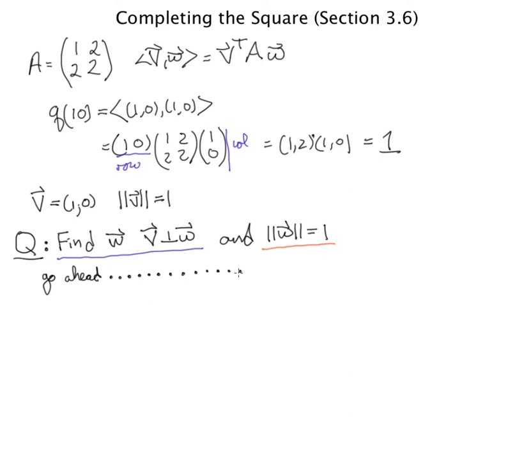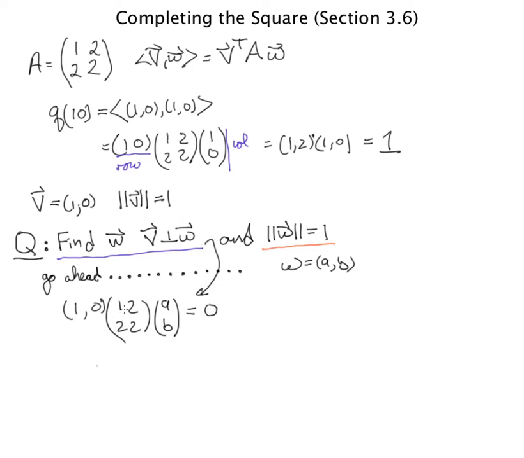Let's see. I'm trying to find a vector. Let's write W as the vector A, B. And so I'm trying to find a vector such that this 1, 2, 2, 2 times A, B is equal to 0. That's the first part.